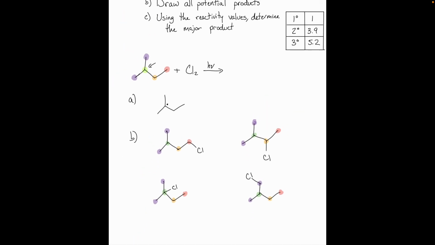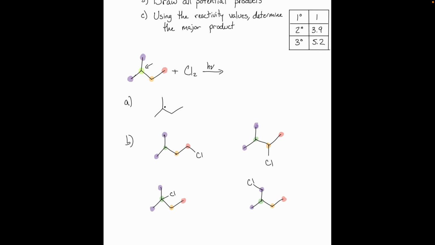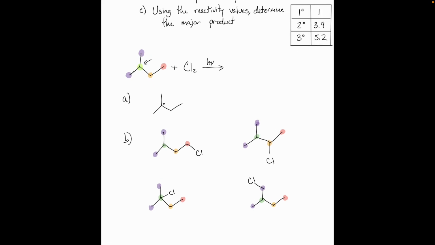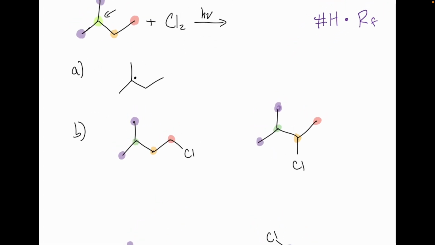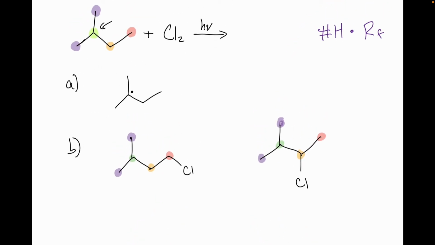Okay? How we're gonna calculate this is we're gonna compare for each one of them the number of hydrogens times that reactivity factor. All right, so let's just do it below each one of these structures here. How many hydrogens were there? So this first structure here, I have my chlorine on my red carbon.